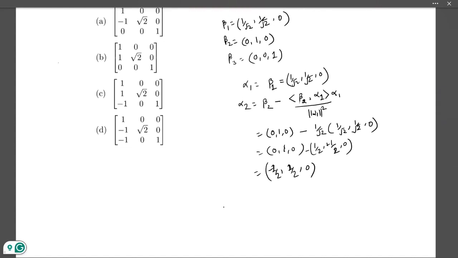Okay. Now for alpha 3, how to calculate alpha 3?